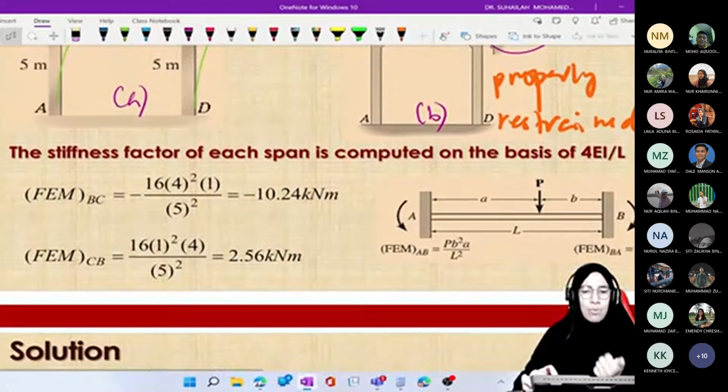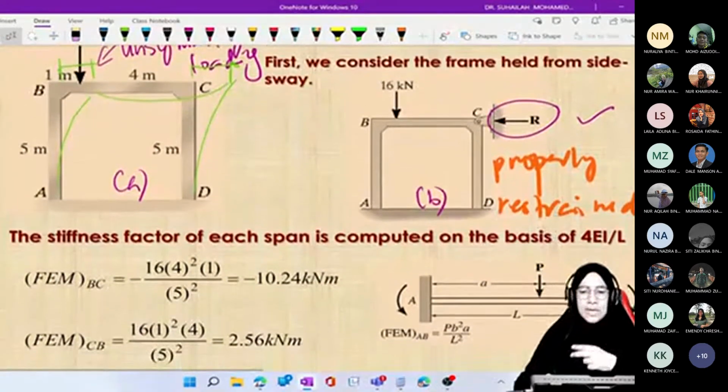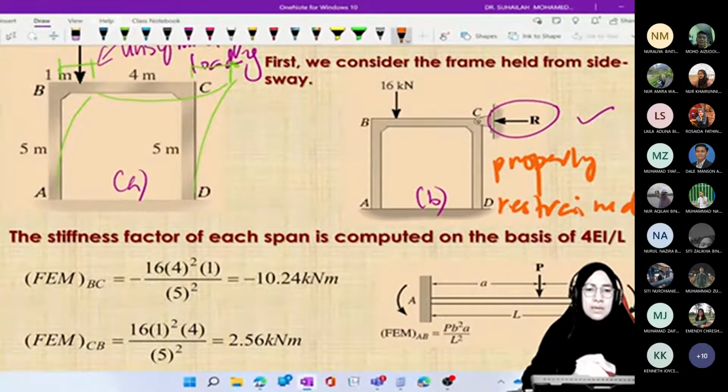By number one, of course, calculate K, calculate the distribution factor, and then calculate FEM. So the FEM for this B diagram we get from member BC.